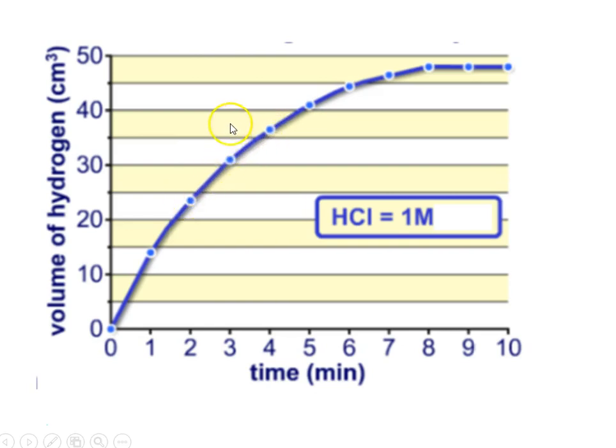You're making less than you did in the same 1 minute than the previous amount did, until eventually you get here. So overall you've made 47 centimeters cubed of hydrogen, and it took 8 minutes to do that.